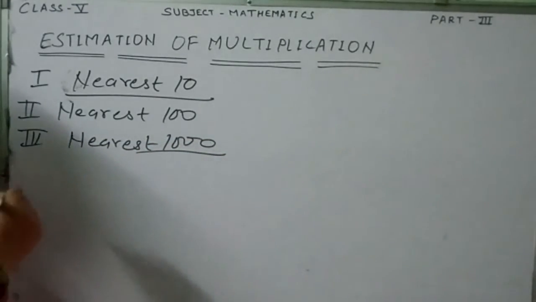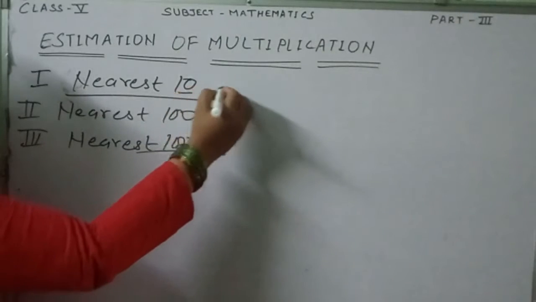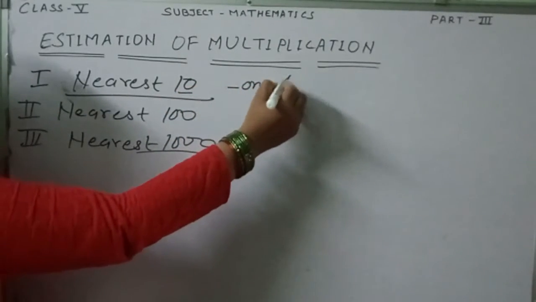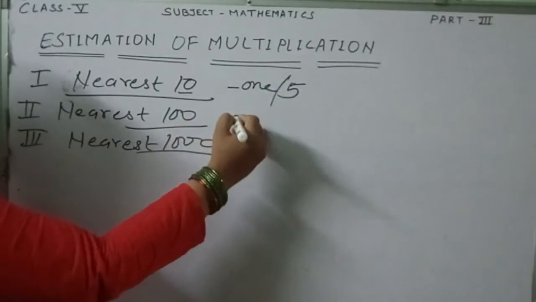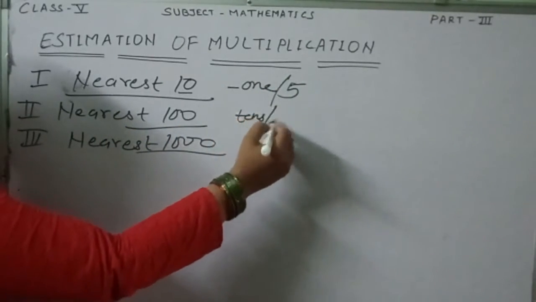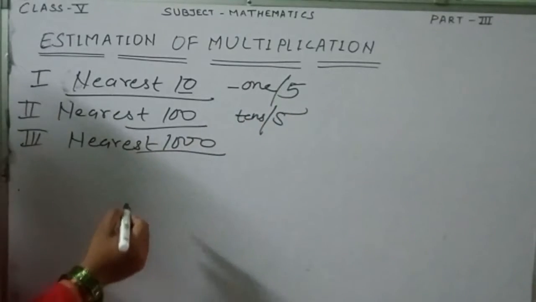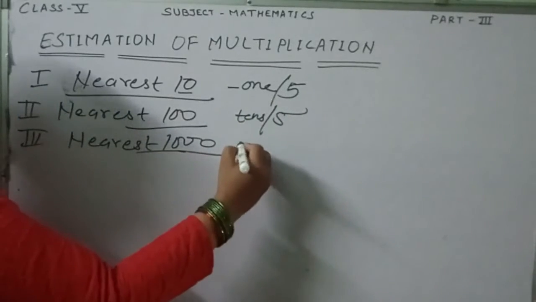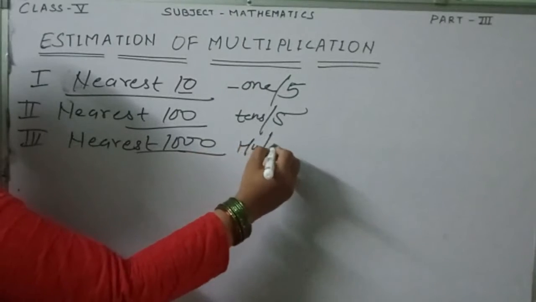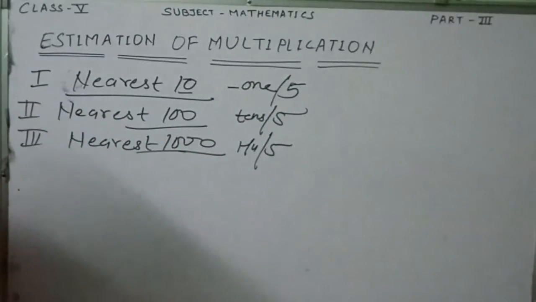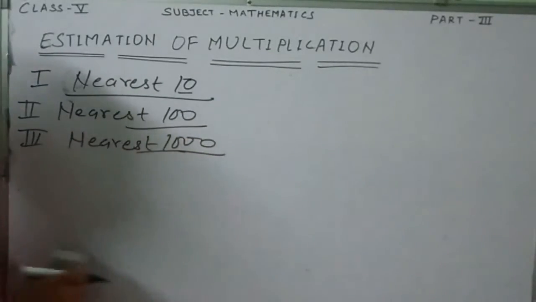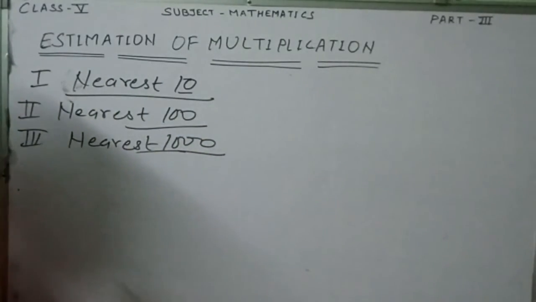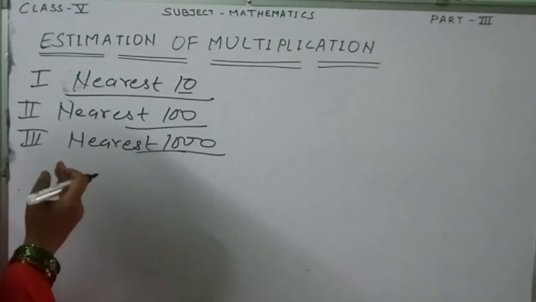I will explain that in the case of tens, you have to check the ones value and compare it with 5. In the case of 100, we check the tens value and compare with 5, and in the case of 1000, we check the hundreds value and compare with 5. If the digit is greater than or equal to 5, then we give one more to the left side digit.